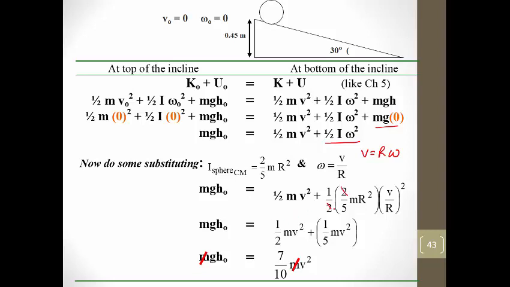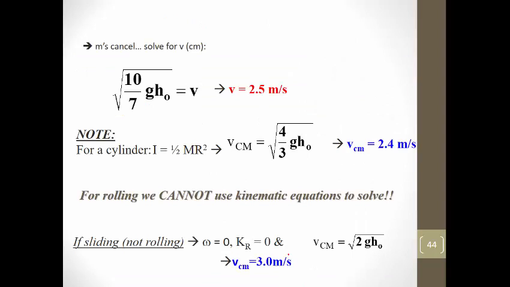This cancels this. I have a half plus a fifth. That's 7/10. You know, like denominators and stuff. So it ends up that the mass of my sphere doesn't even matter when it comes to the velocity of the sphere at the bottom. What matters is the shape. So my m's cancel. I solve for v. That's the velocity of the center of mass. And I get 2.5 meters per second.